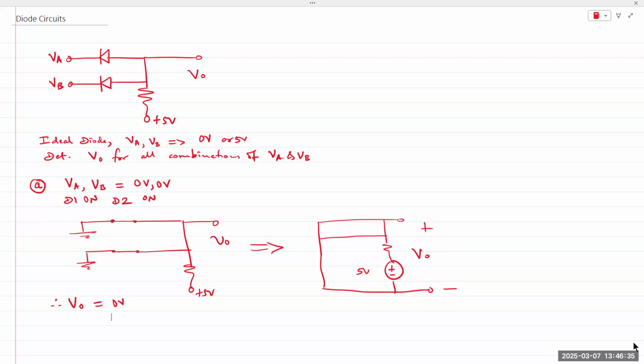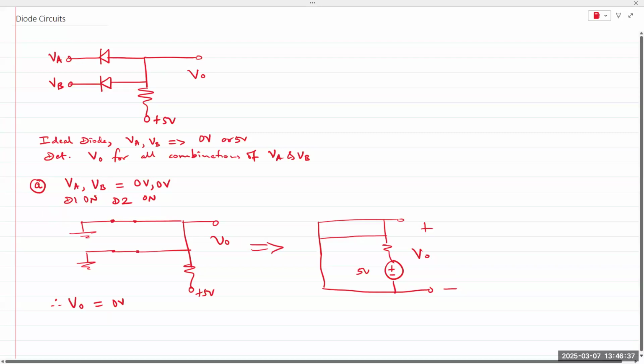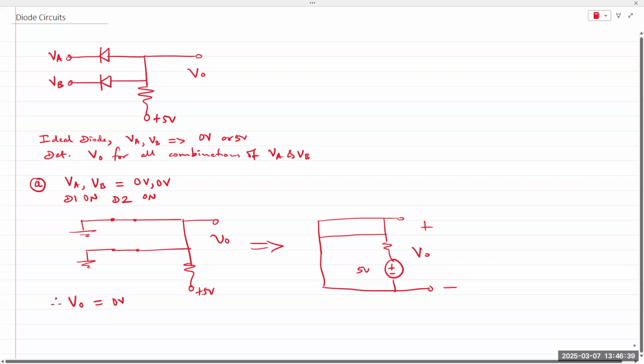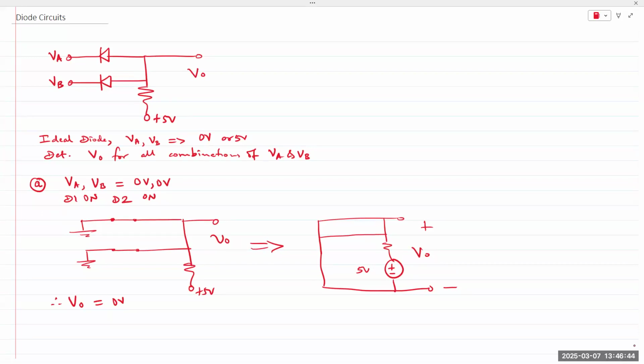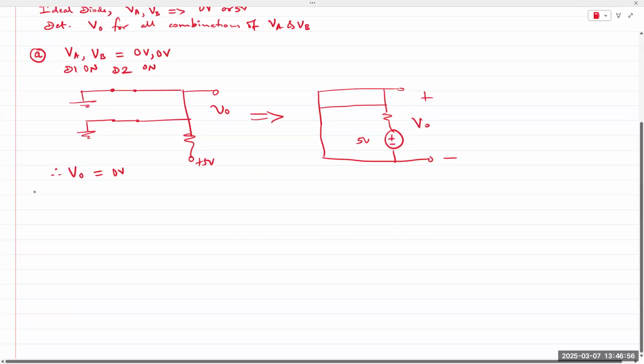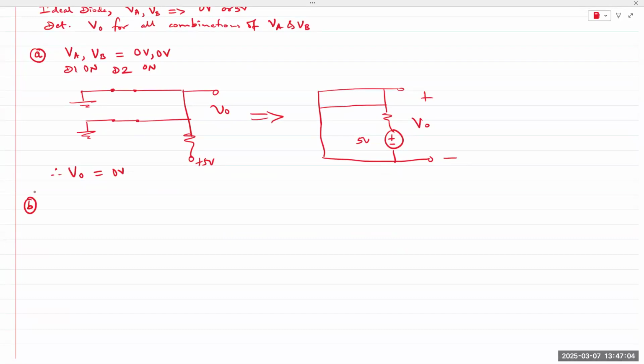If that's the case, then we can analyze other combinations. If either one of VA or VB is 0 volts, it's connected to ground. So VO is 0. If even a single one of those two diodes is on and connected to ground, then VO will always be 0.